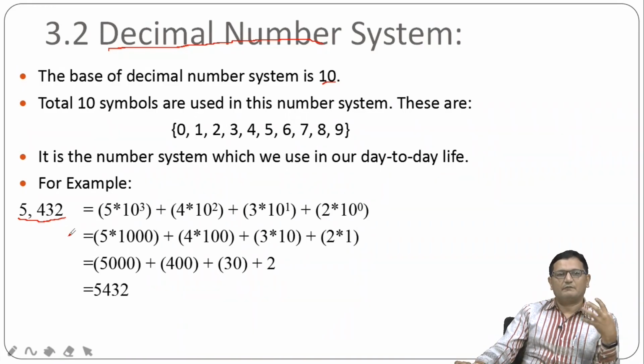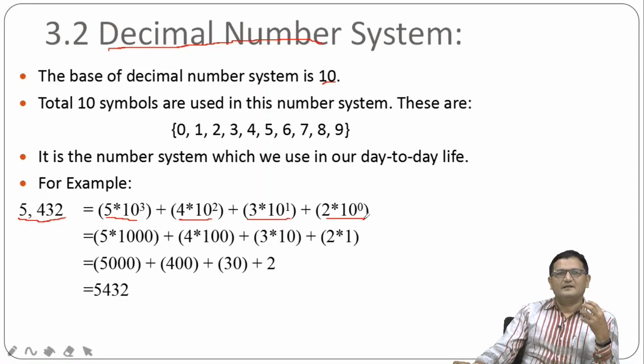So what is the meaning of this number? That means 5 should be multiplied with 10 raised to 3, 4 has to be multiplied with 10 raised to 2, 3 will be multiplied with 10 raised to 1, and 2, the last digit of the number, has to be multiplied with 10 raised to 0.